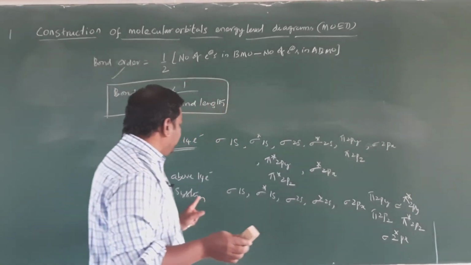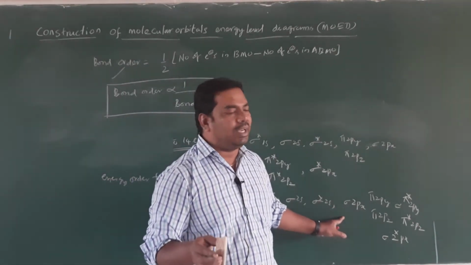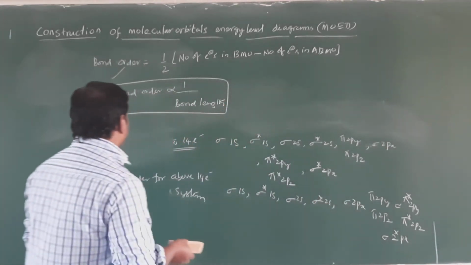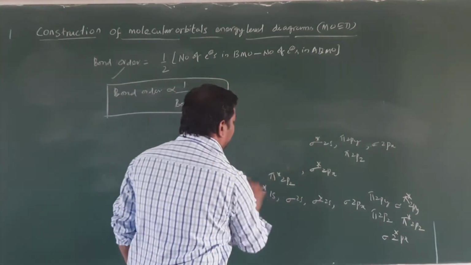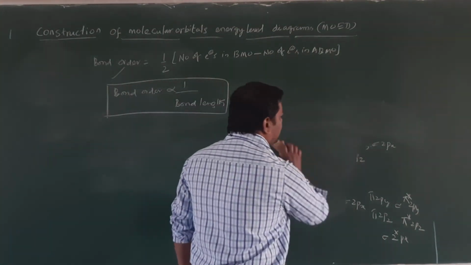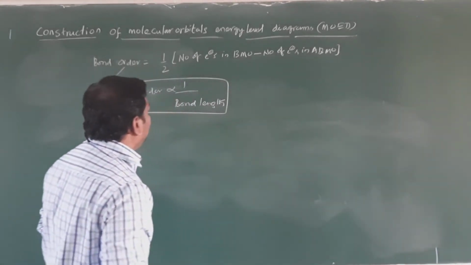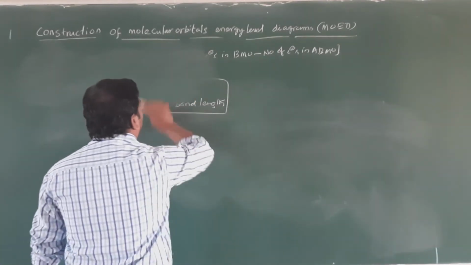But in the case of a system with more than 14 electrons, the electrons enter sigma 2px first, then pi 2py and pi 2pz. Clear? That is the energy order for systems up to 14 electrons and above 14 electrons.